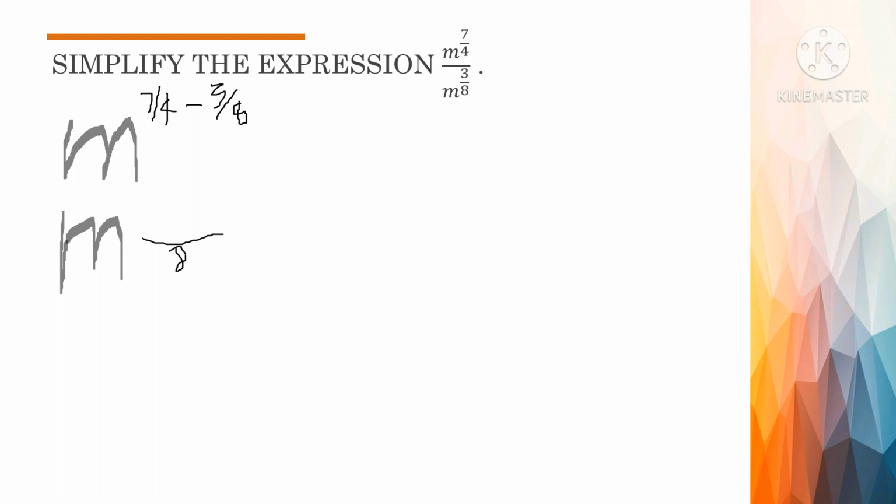Okay? Copy muna natin yung mga numerator. So, dito we have 7. And then, gawa tayo ng open and close parenthesis. Dahil minus yan, minus tayo dito. And then, 3. Open and close parenthesis.